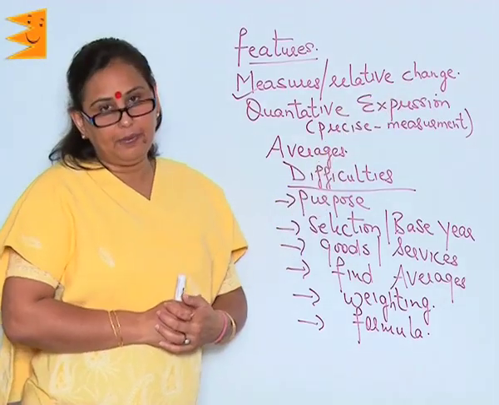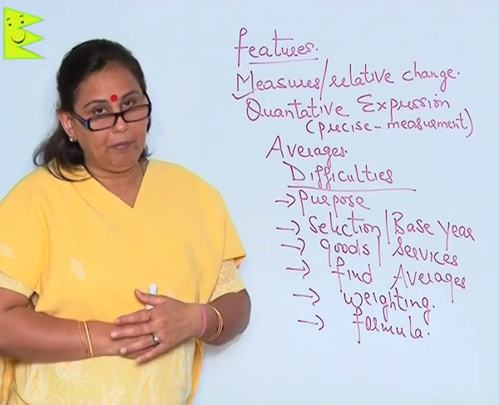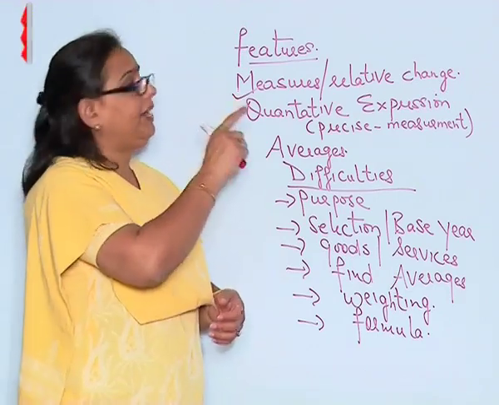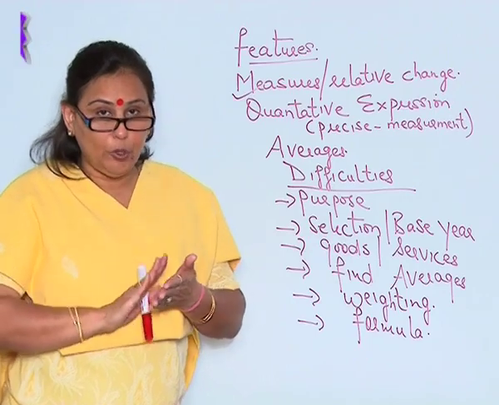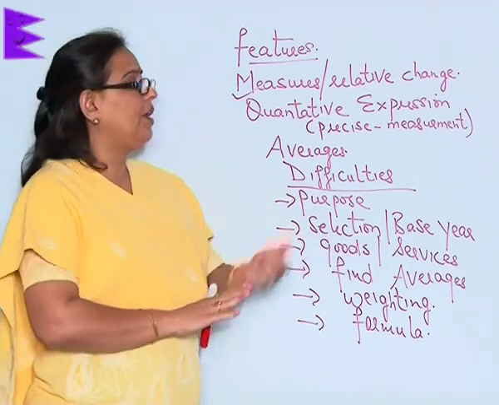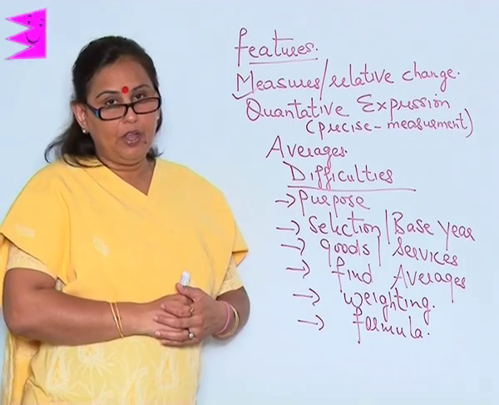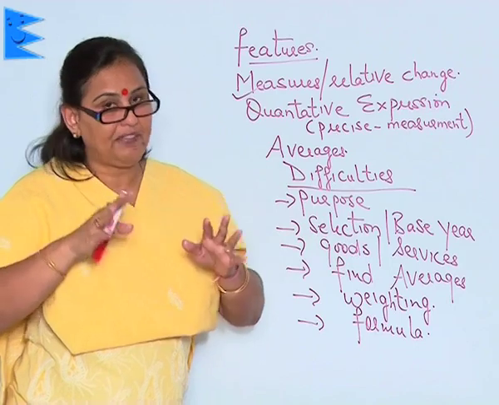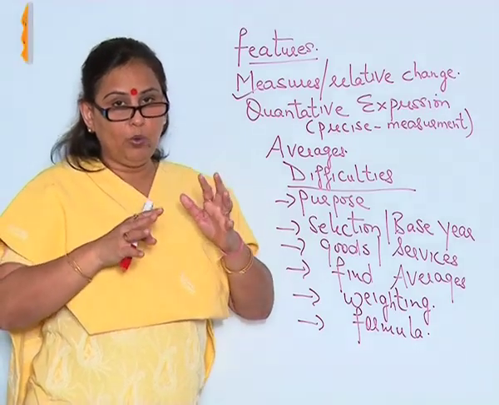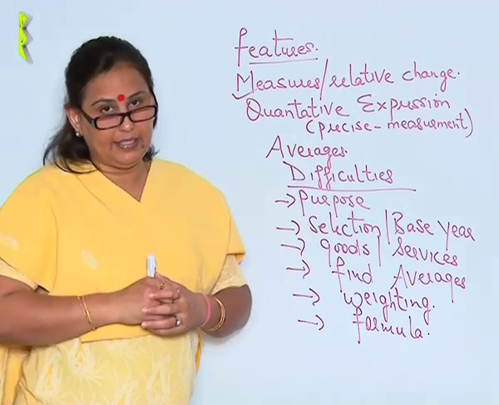So, the measures of relative change can be best understood by the index number, because it gives us complete information on the price rise, on the rise of income, on deflation, inflation and other such factors which contribute to the power money has.